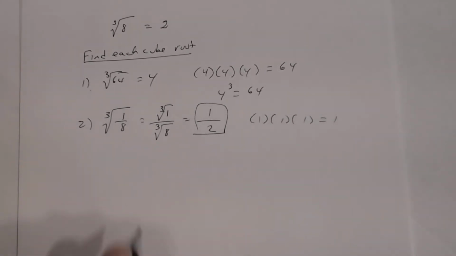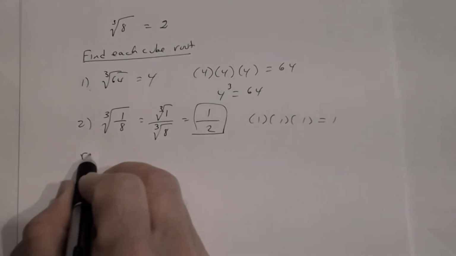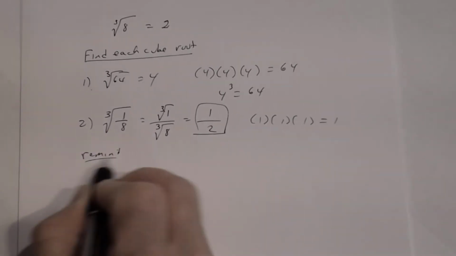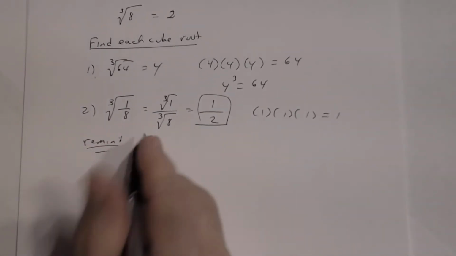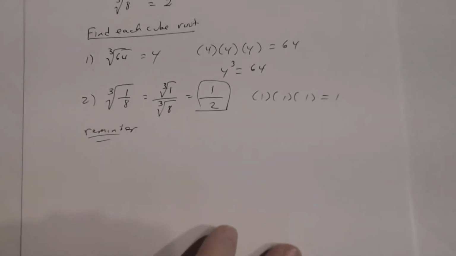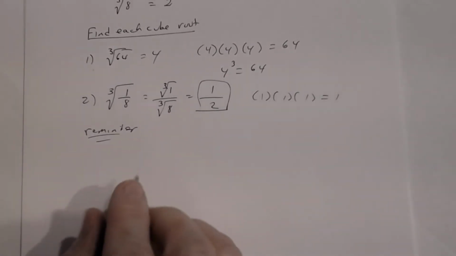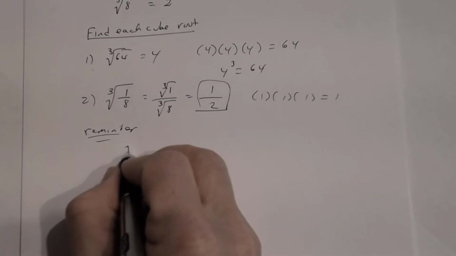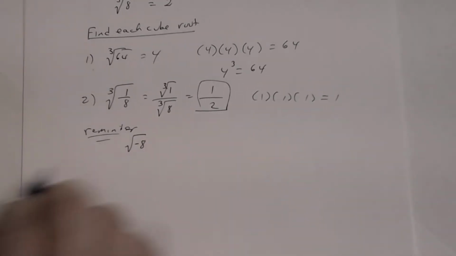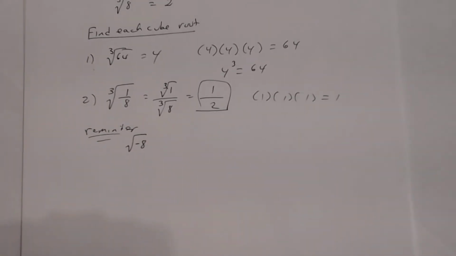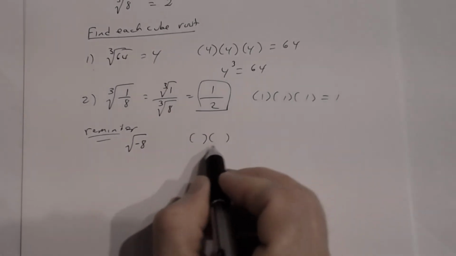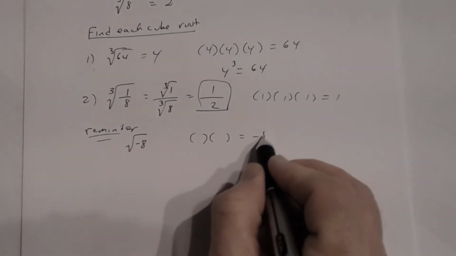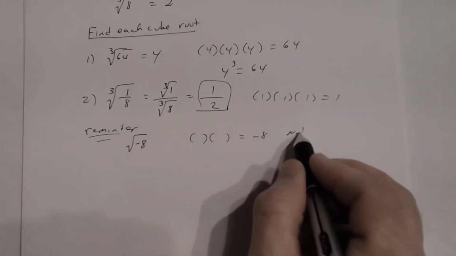Now, I want to remind you about something. Do you remember in the previous lesson when we talked about square roots, I asked you, what is the square root of -8? What times itself 2 times is -8? Well, that was not possible, right?